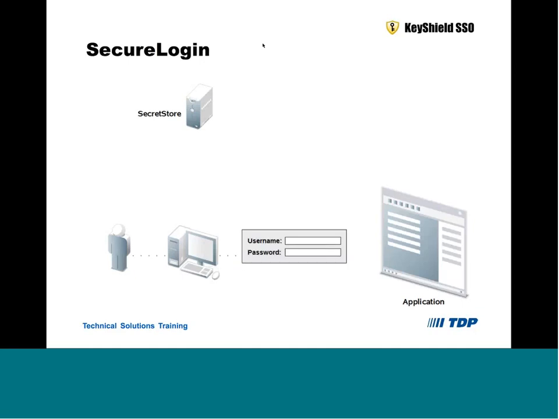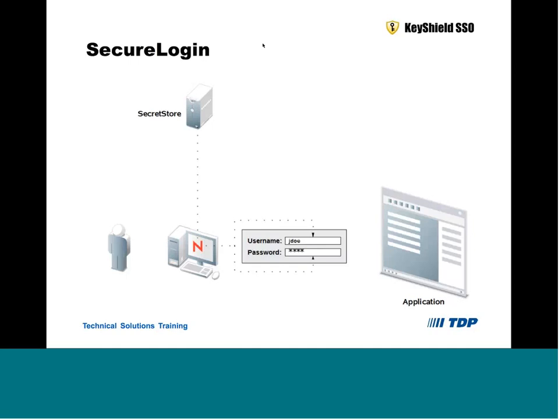So when you are going to access an application, you would have to enter your username and password manually, whether it is within the browser or a different client. What Secure Login does is take your username and password out of the secret store, enter it into the form, and it's even able to click enter or login to submit the form.